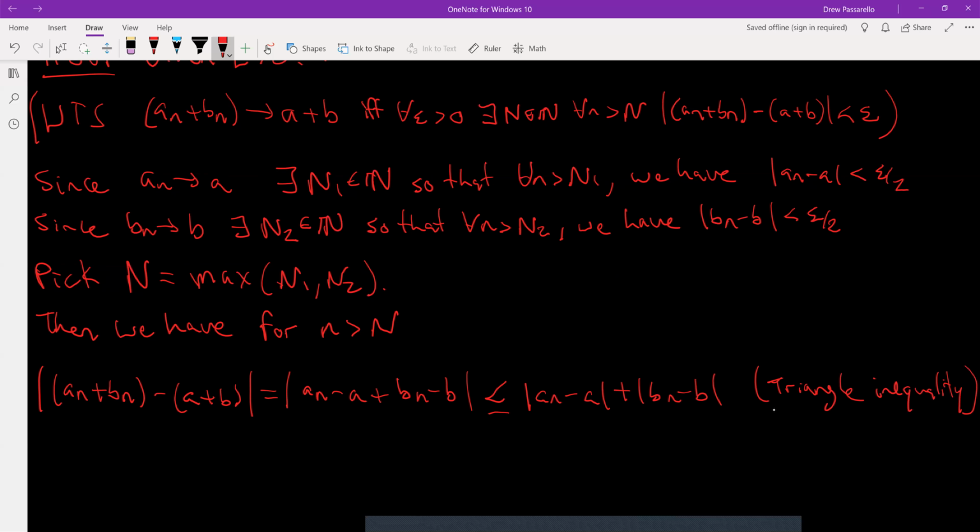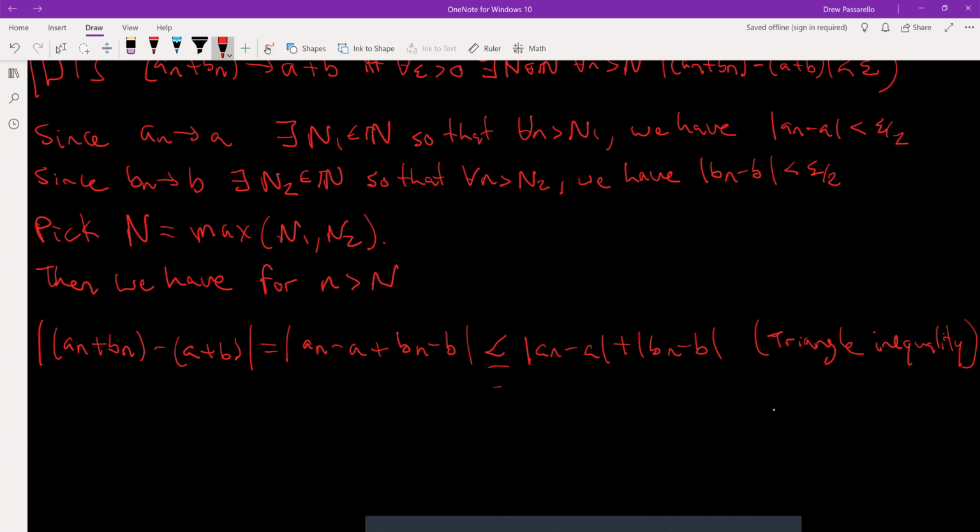And we know the absolute value of An minus A is less than epsilon over 2, and the same thing for Bn minus B. So that'd be epsilon over 2 plus epsilon over 2, which summing those up, we get epsilon. And that's what we needed to show.